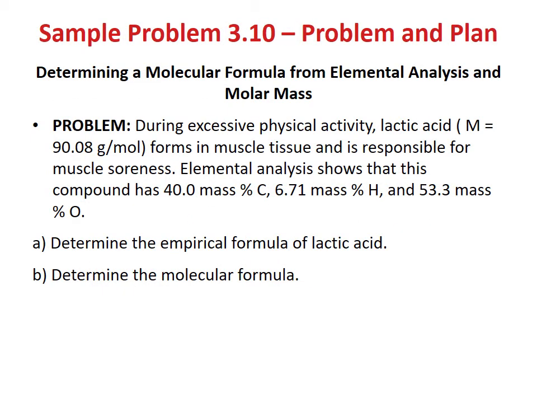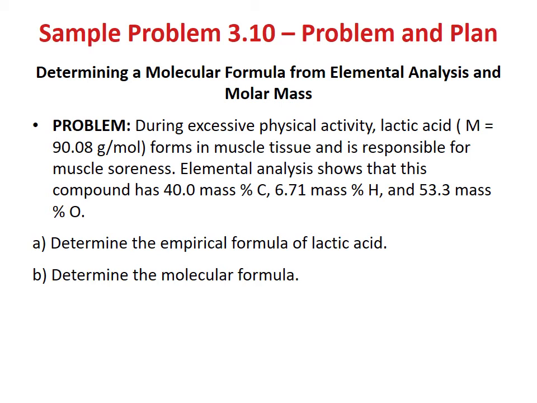Sample problem 3.10. During excessive physical activity, lactic acid forms in muscle tissues and is responsible for muscle soreness. Elemental analysis shows that this compound has 40% mass of carbon, 6.71 mass percent of hydrogen, 53.3 mass percent of oxygen. Determine the empirical formula and determine the molecular formula.